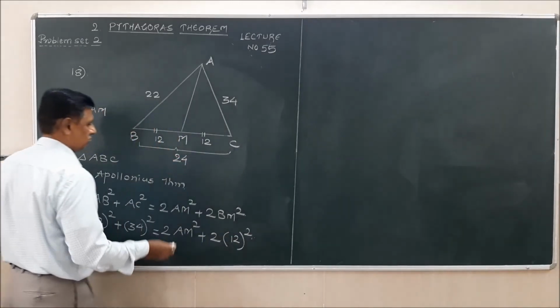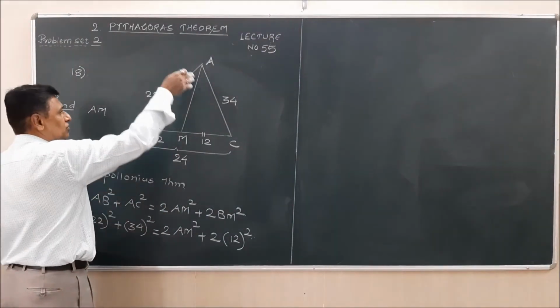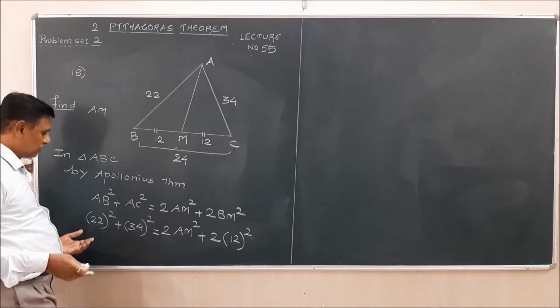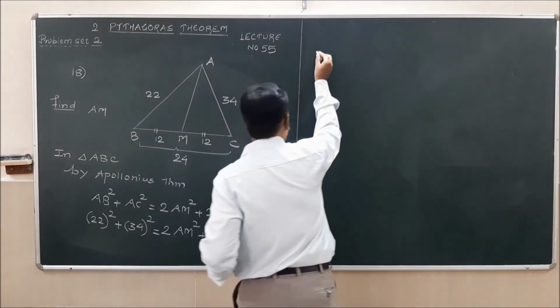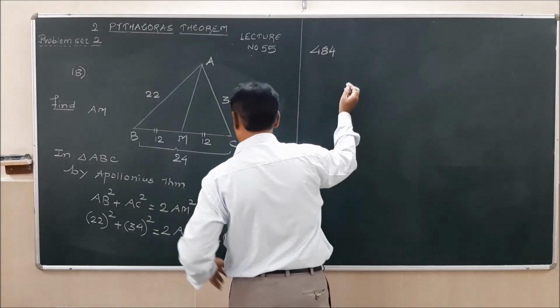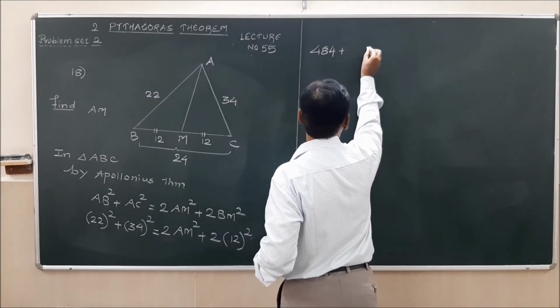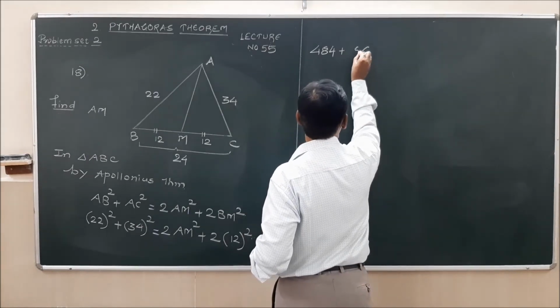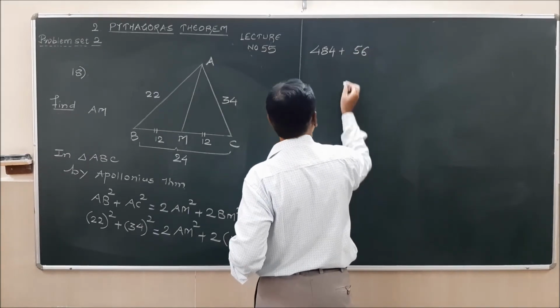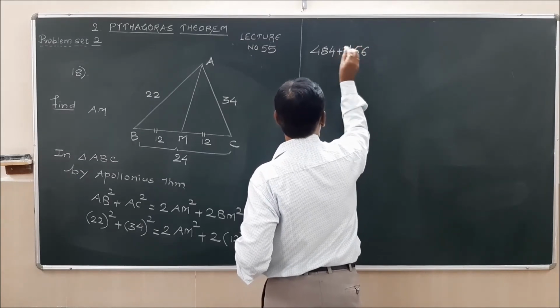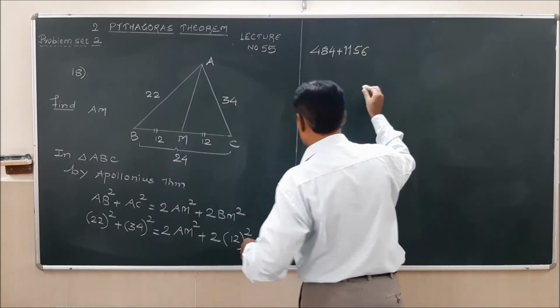BM square: 22 square plus 34 square is twice AM square plus 2 into 12 square. 22 square is 484. 484 plus 34 square, 1156. 1156 is the square of 34.